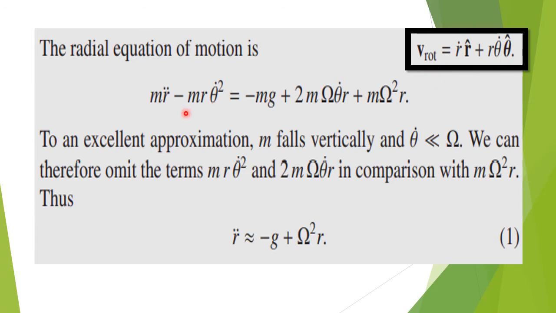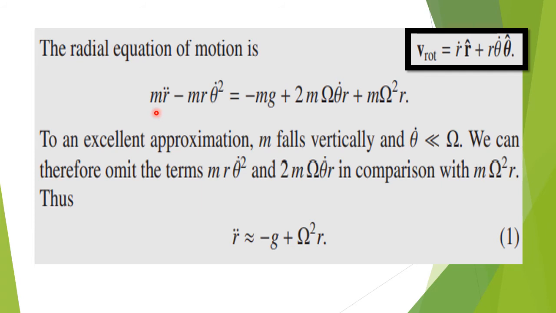From that we split the terms along the radial as well as the tangential direction. Therefore, on the left side you get m r double dot minus m r theta dot square, equal to minus mg plus 2m omega theta dot r plus m omega square r.